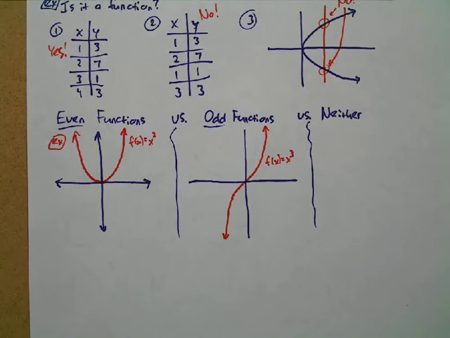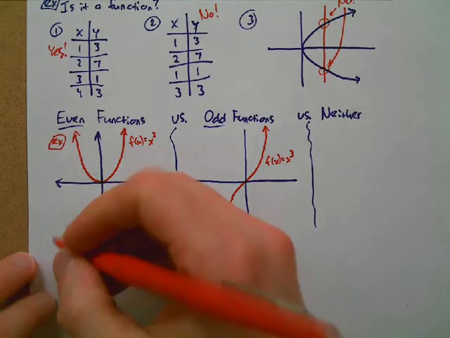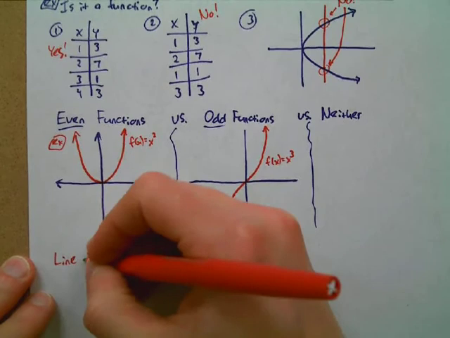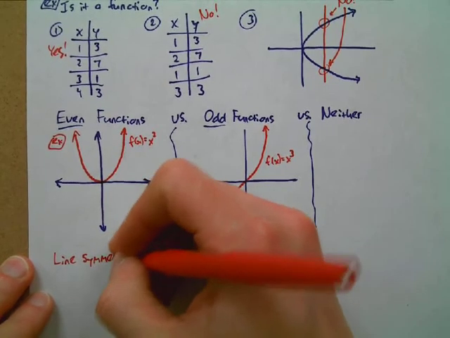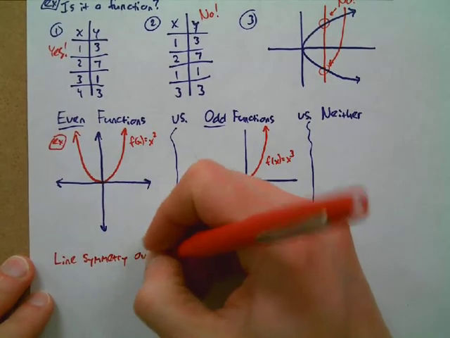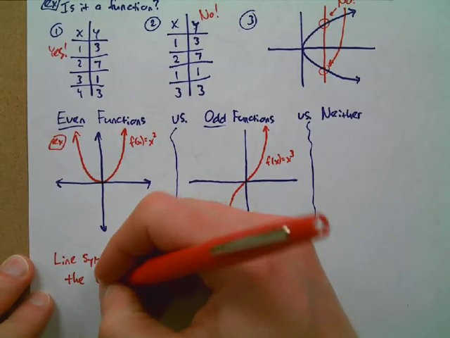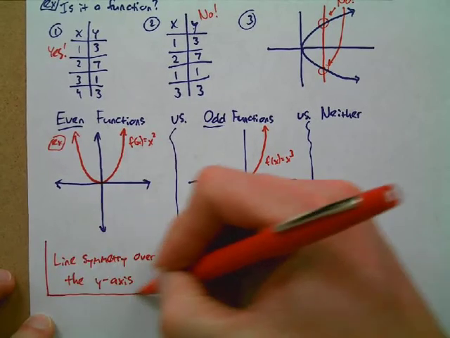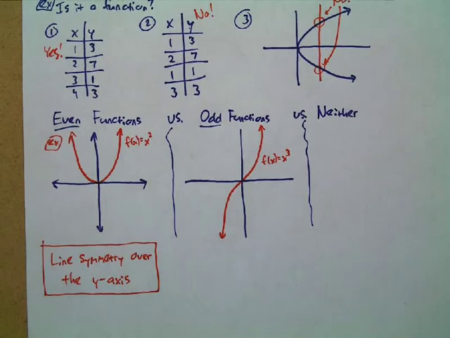So yes, that indicates that we have an even function. So we'll say line symmetry over the y-axis is indicative of an even function.